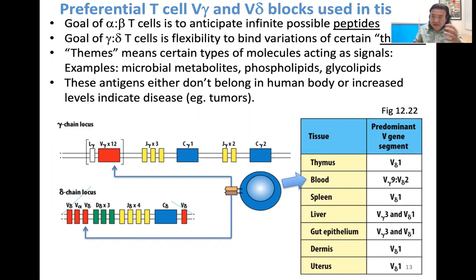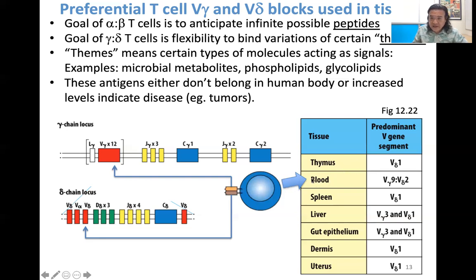As a result, gamma delta T cells that are put together in your thymus, depending upon what combinations of these different colored blocks are chosen, end up being sent to different tissues in your body where there's a better chance of those types of weird signals actually being expressed.